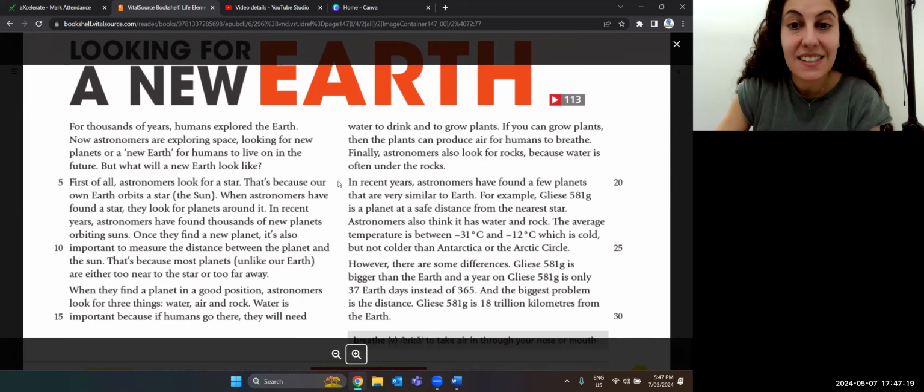In recent years, astronomers have found a few planets that are very similar to Earth. For example, Gliese 581G is a planet at a safe distance from the nearest star.